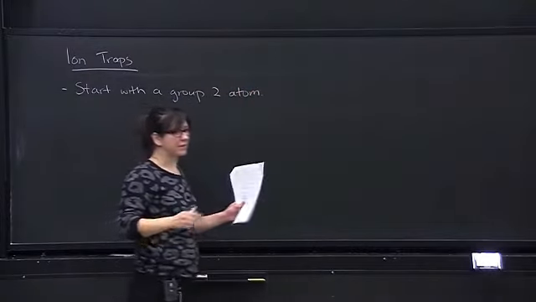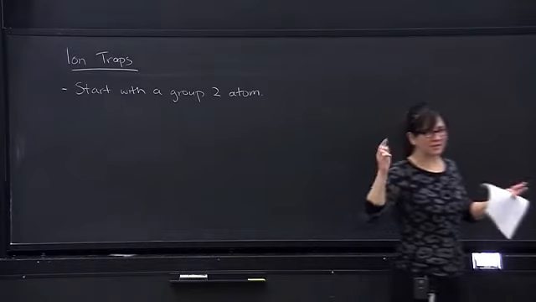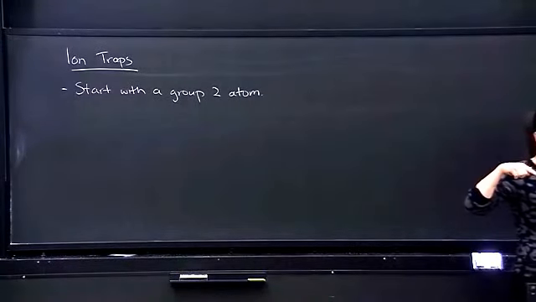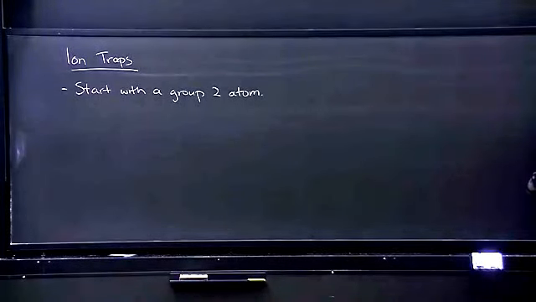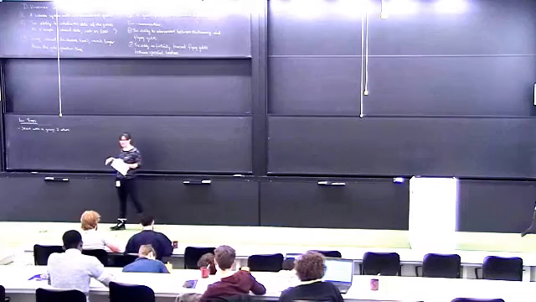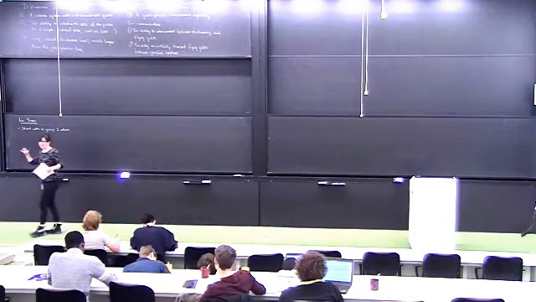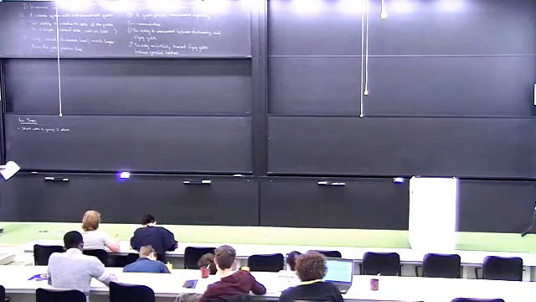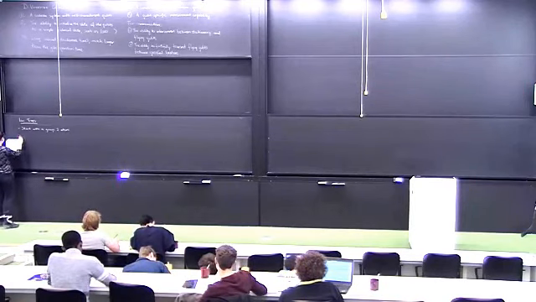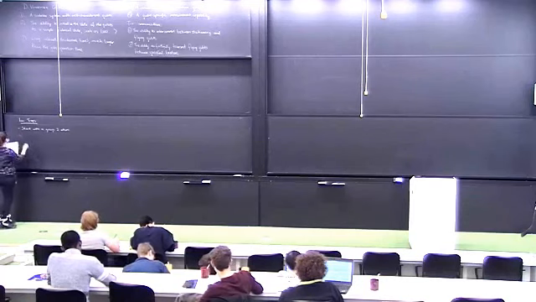A group 2 atom, if you recall the periodic table, is in the second column, and it's all the atoms that have 2 electrons in the outer shell. For example, calcium. And then we singly ionize the atom.